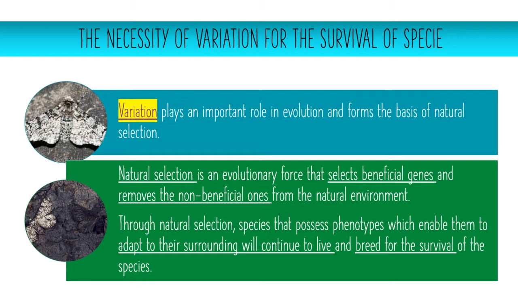Through natural selection, species that possess phenotypes which enable them to adapt to their surroundings will continue to live and breed for the survival of the species. So let's discuss more about an example of variation for survival of the species.